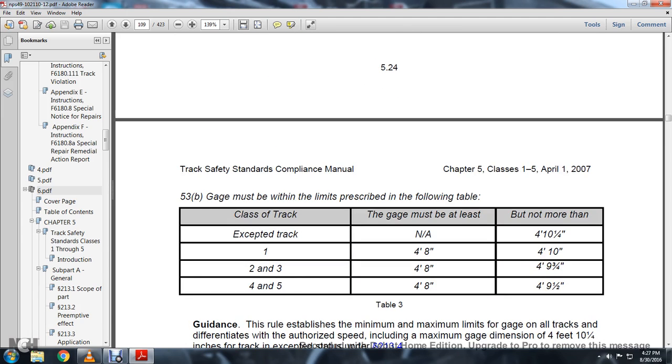213.53(b) Gauge must be within the limits prescribed in the following table. The class of track is listed with the gauge limit, but not more than 4 foot 10 and a quarter inches, which is 58 and a quarter. Class 1 track, the gauge must be at least 4 foot 8, not more than 58.